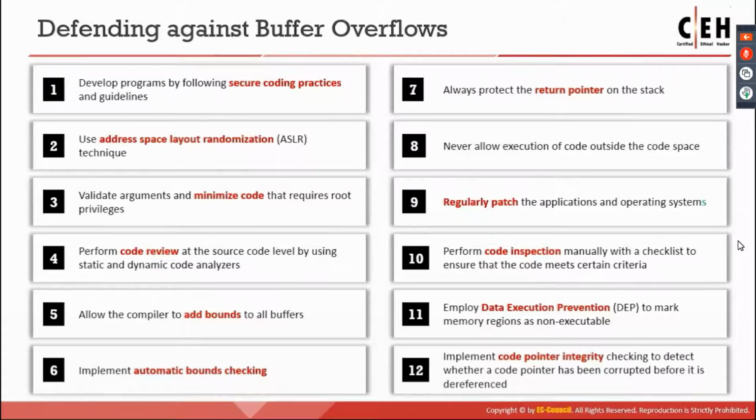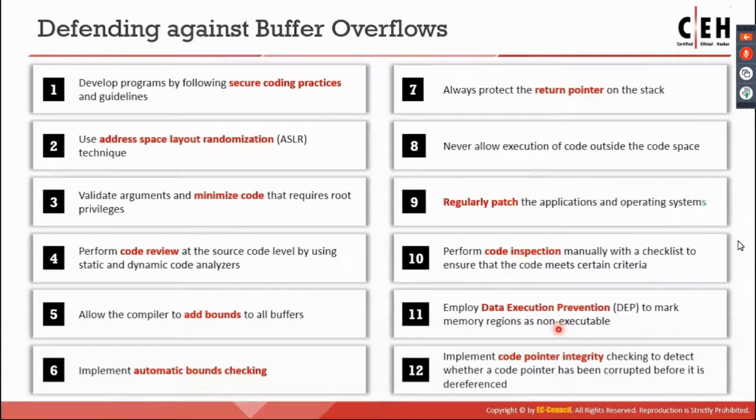But the developer is going to need to know that he needs to run address space layout randomization. Also, at the system engineer level, you can implement data execution prevention, DEP.